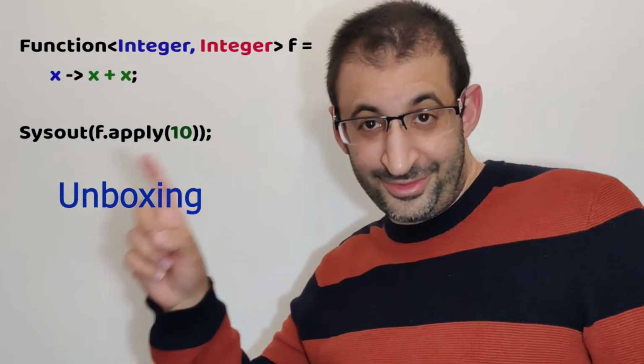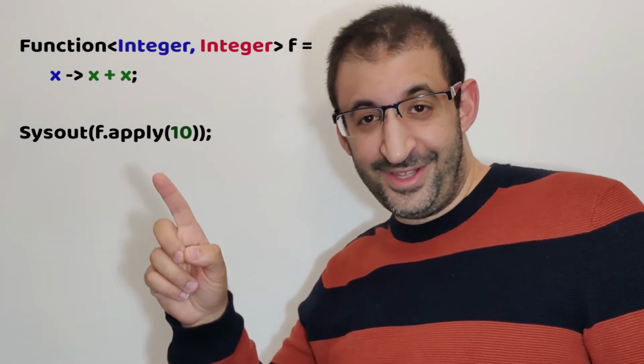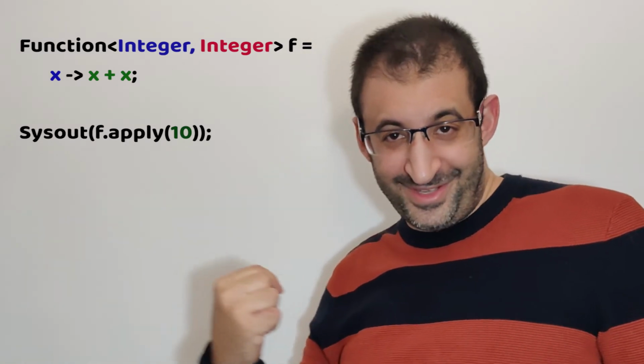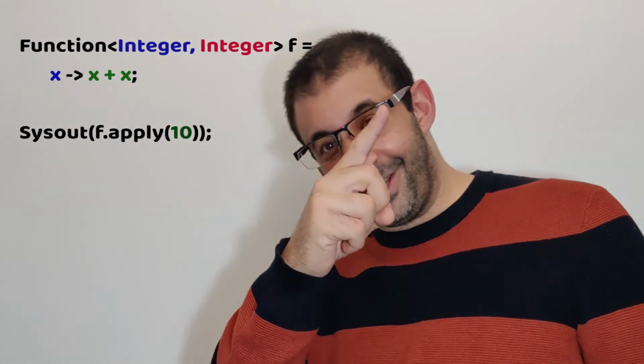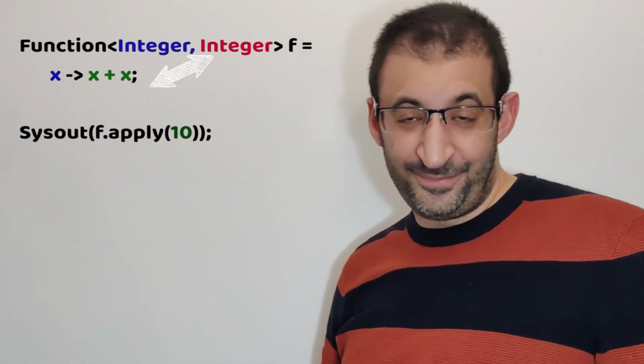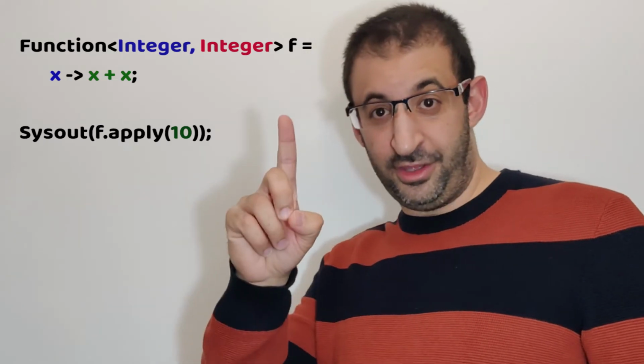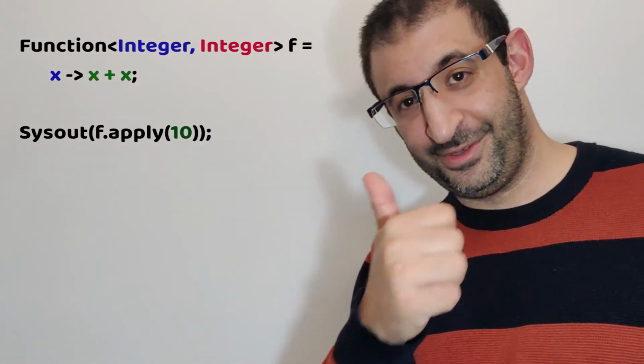And also the return type is Integer, so the compiler converts it again to Integer, autoboxing. So I have autoboxing, auto unboxing, and autoboxing again, for a simple instruction. Do you see the problem?